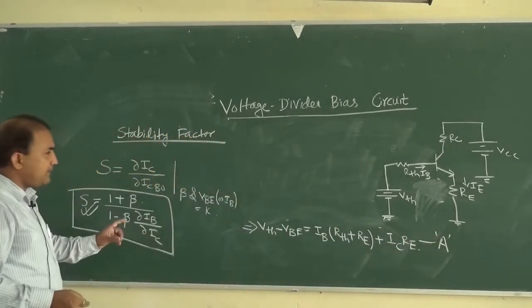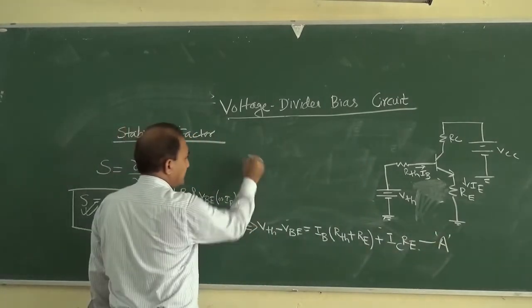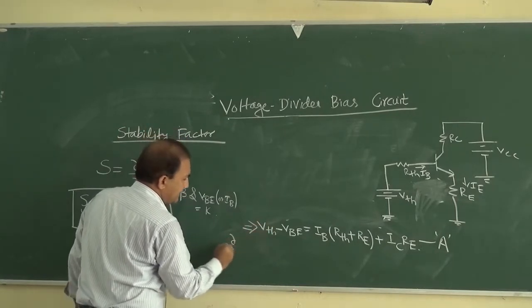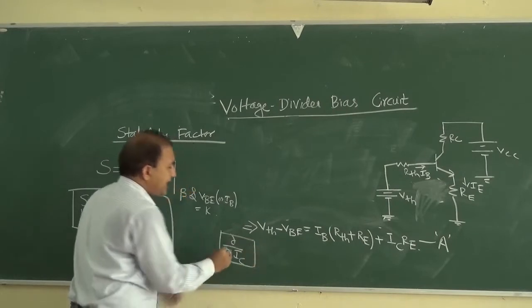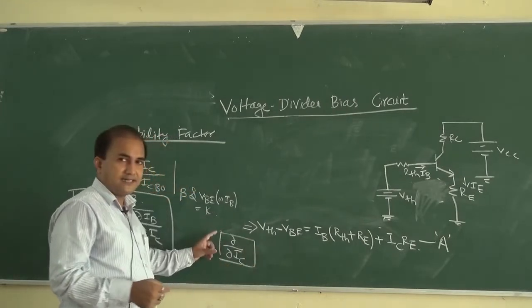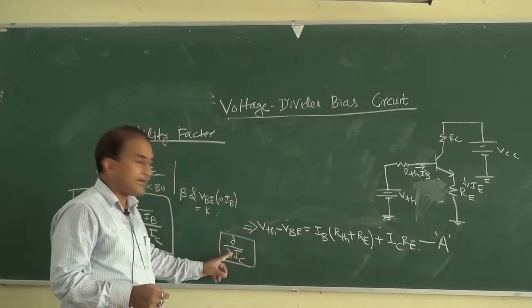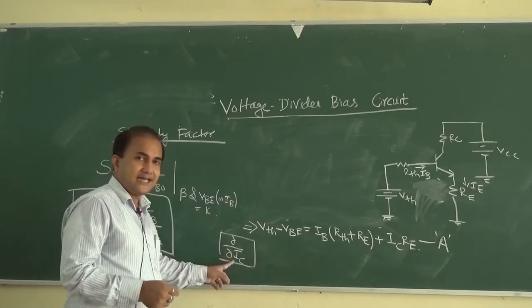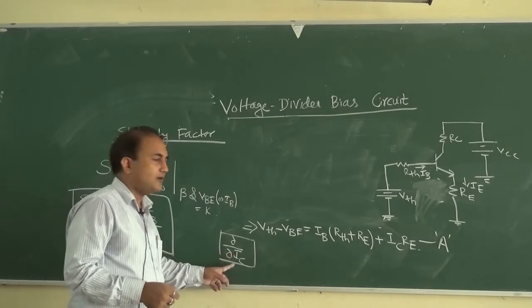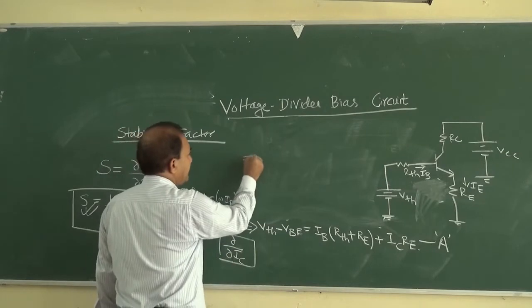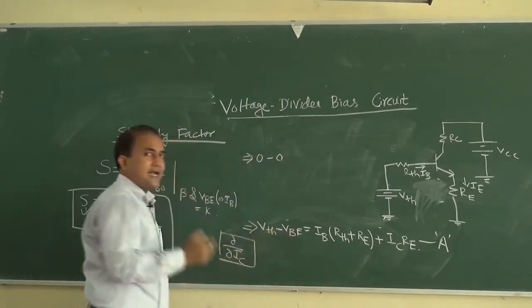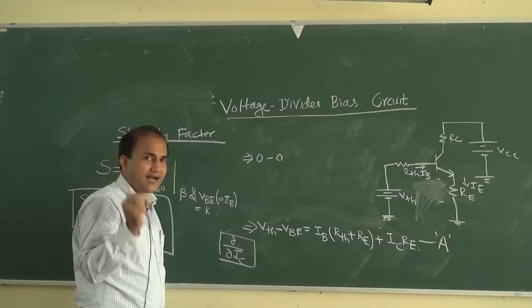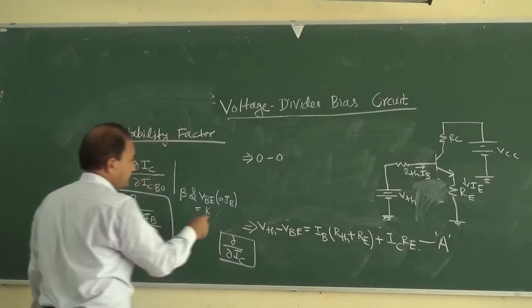Okay. Now what do we have to do? We have to apply del by del IC, taking the differentiation of this with respect to change in current IC. So it will be 0 minus 0, because these two quantities are independent of IC.